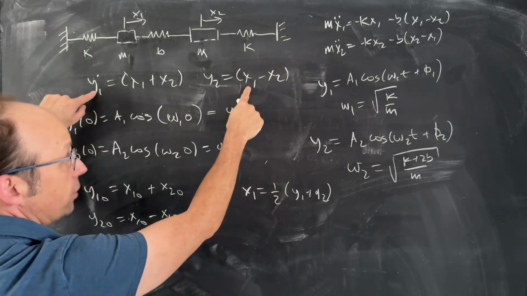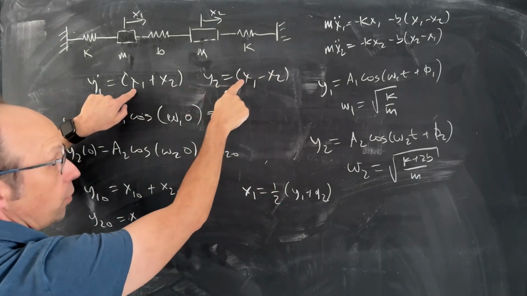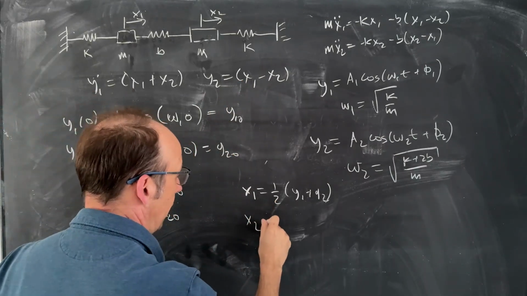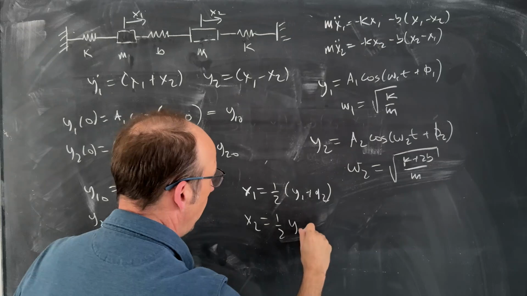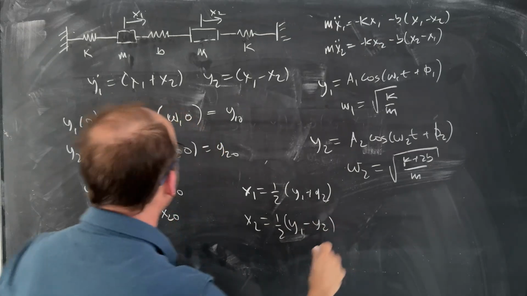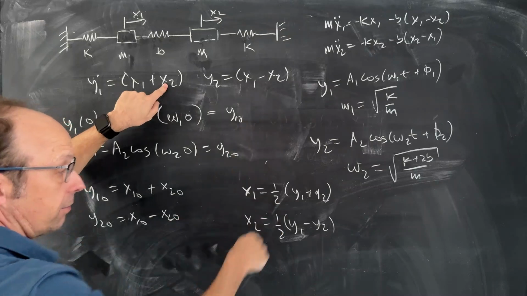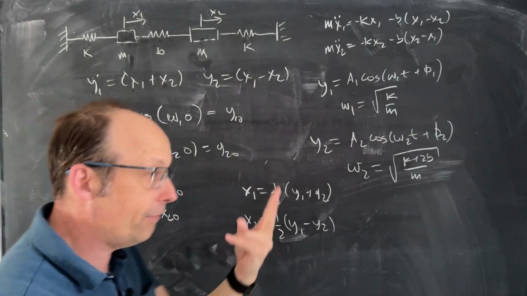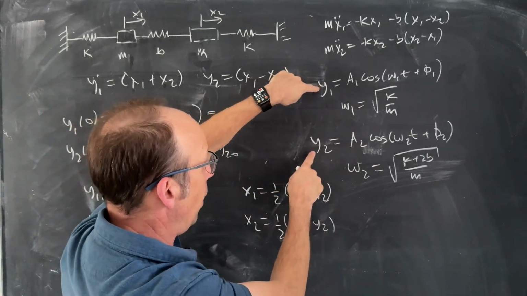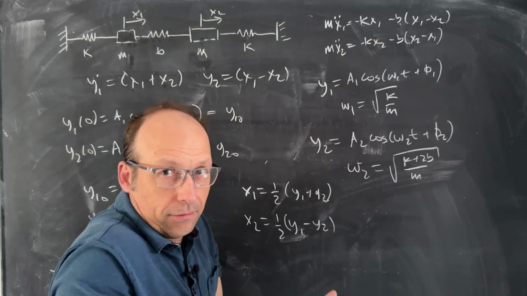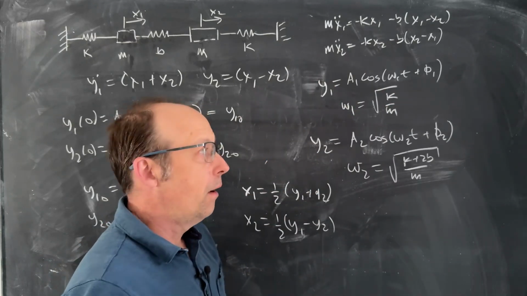If I add these two terms together, I get 2x1, so I have to divide by 2. The same thing, I could subtract them: x2 is going to be 1/2 times y1 minus y2. Because if I take this minus the negative of that, I get this. But now I have equations for y1 and y2. I know how it's all going to move. Okay, it's kind of cool.